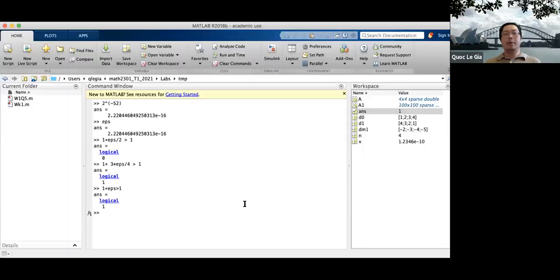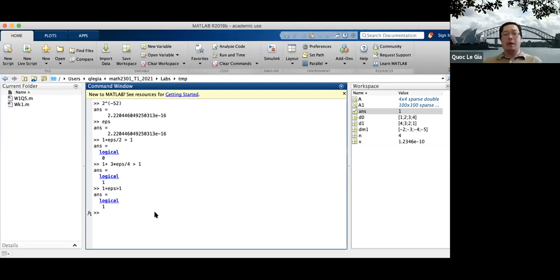So I share you my MATLAB here. Then I have 2 minus 2 to the power minus 52, then multiply with 2 to the 1023.